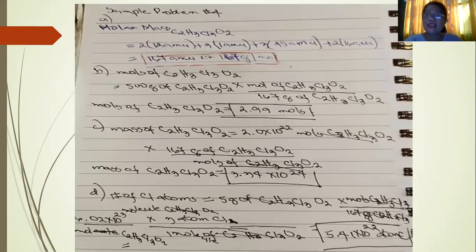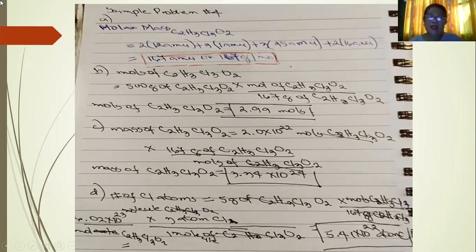So as you can see here, we solved it in this manner. Letter A is getting the molar mass of chloral hydrate, which has a formula of 2 atoms of carbon, that is 2 times 12. Where did we get that 12? That is in the periodic table. The atomic weight of carbon is 12.